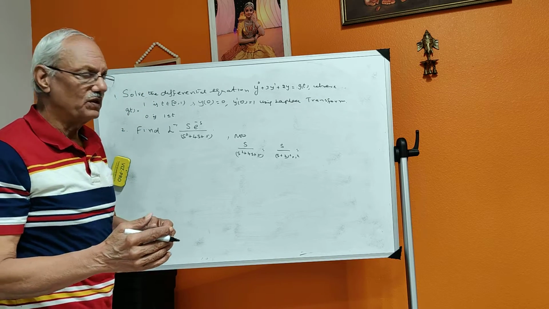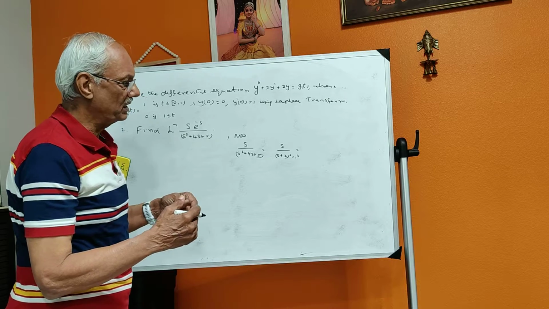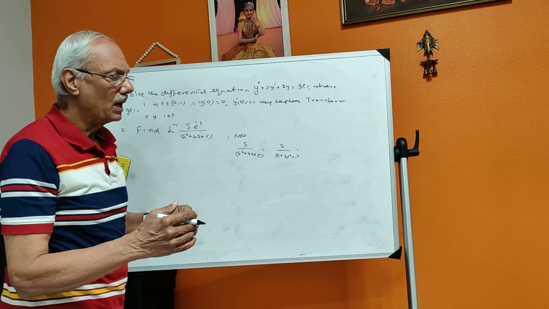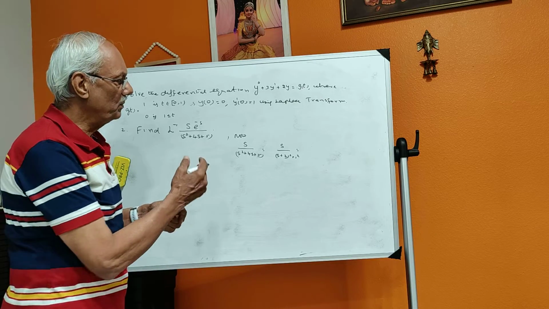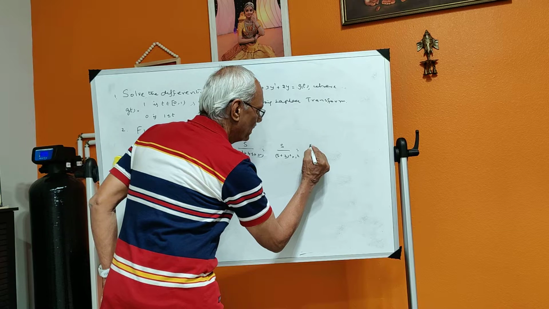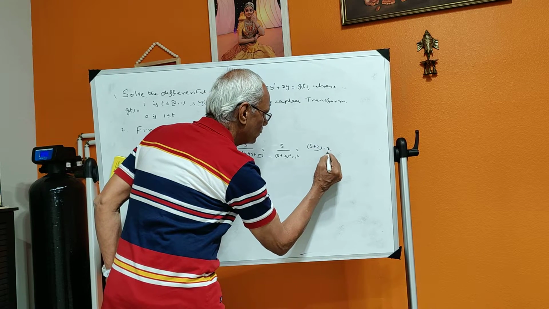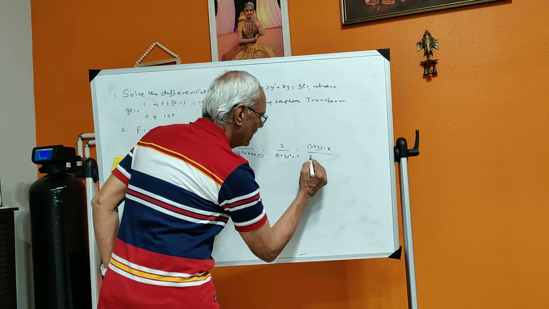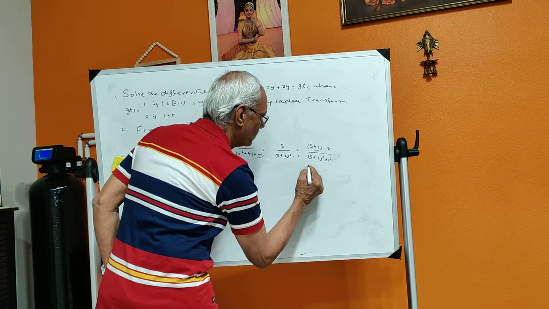If you are proficient with these algebraic simplifications and also the art of doing a Laplace transform, you will be able to understand what I do here. So this is nothing but s plus 2 minus 2 divided by (s plus 2) whole square plus 1 square.